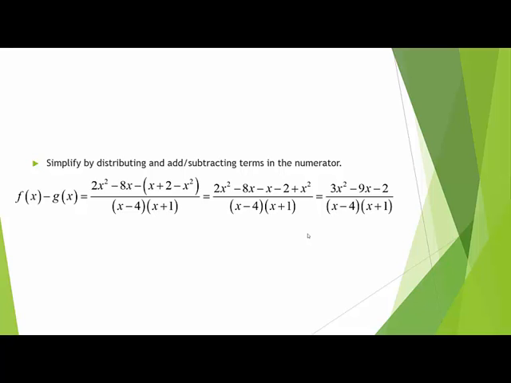So the numerator becomes 2x squared minus 8x minus x minus 2 plus x squared, all divided by the LCD. Combining like terms, we get that the numerator is 3x squared minus 9x minus 2 divided by the LCD x minus 4 times x plus 1.